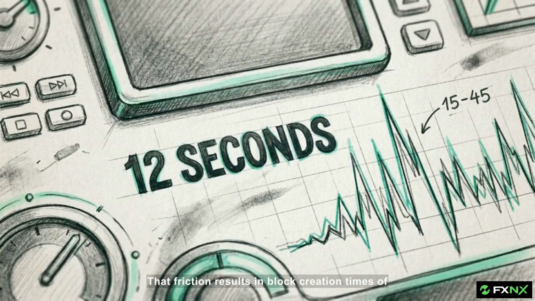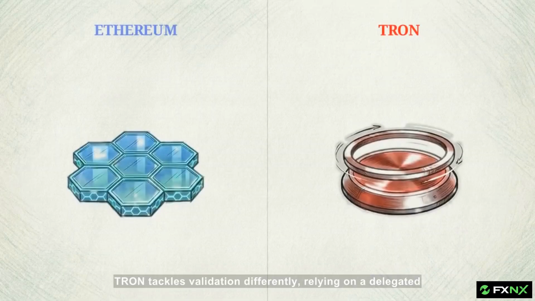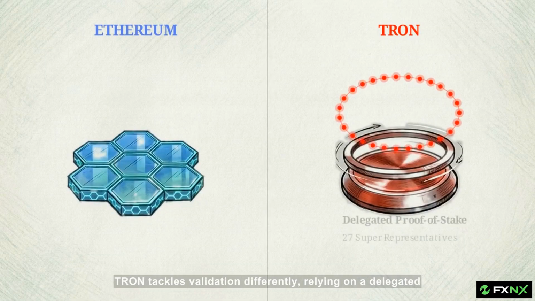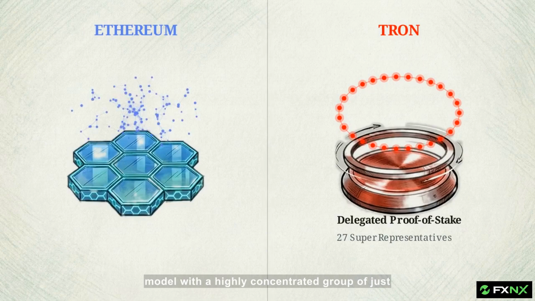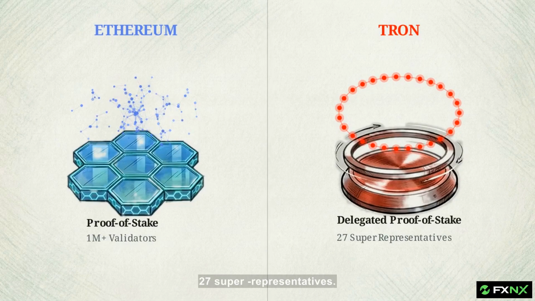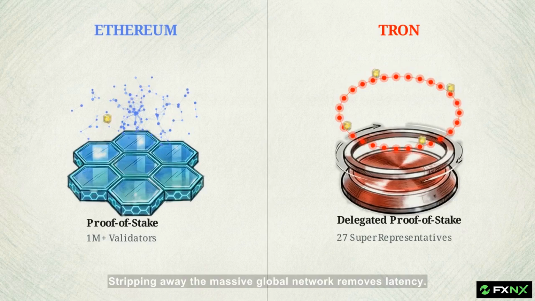That friction results in block creation times of about 12 seconds, capping Ethereum's base processing power at roughly 15 to 45 transactions per second. Tron tackles validation differently, relying on a delegated model with a highly concentrated group of just 27 super representatives. Stripping away the massive global network removes latency.